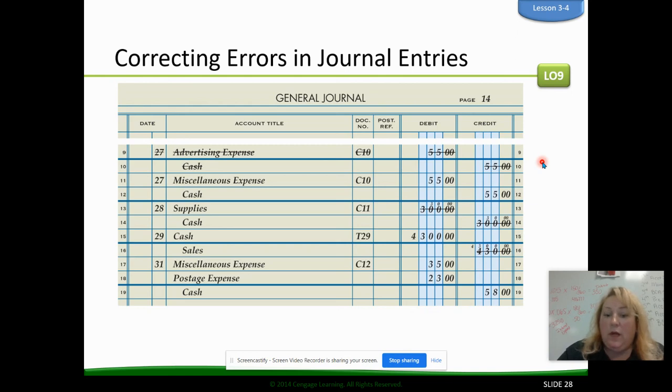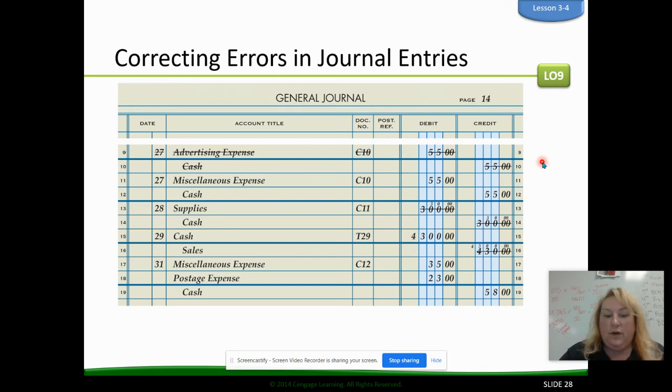we have multiple debits to one credit. And we can have transactions like that as long as they equal each other. So remember, our debit has to equal our credit, or our plus has to equal our plus, or our minus has to equal our minus. In this case, it was a transaction where we bought multiple things with the same check.